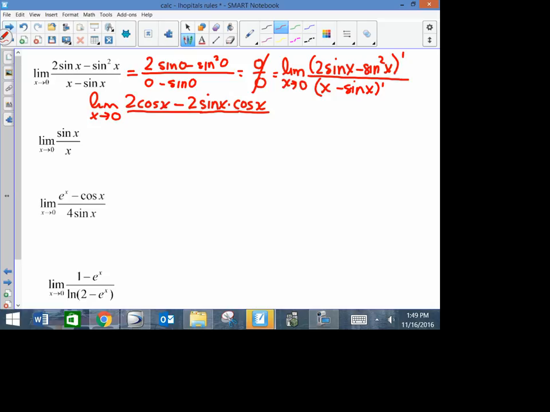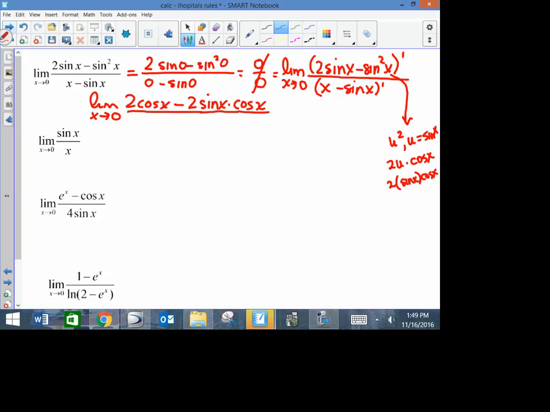Remember, for those of you using the chain rule, it's u squared, where u is sine of x, so 2u times cosine of x, 2 times sine of x cosine of x. Yes, that is the chain rule.